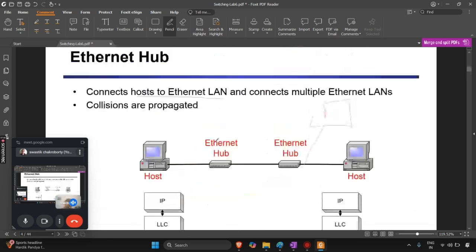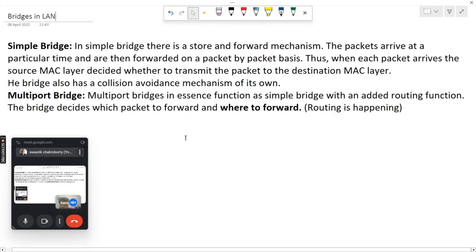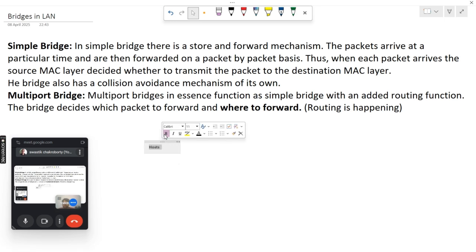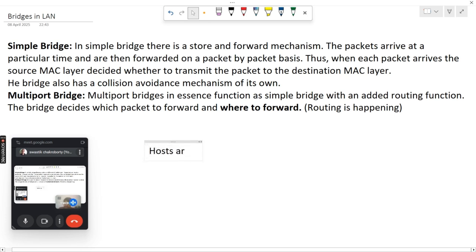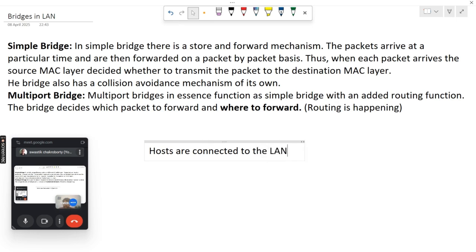The hosts are connected to the LAN via the Ethernet hub.